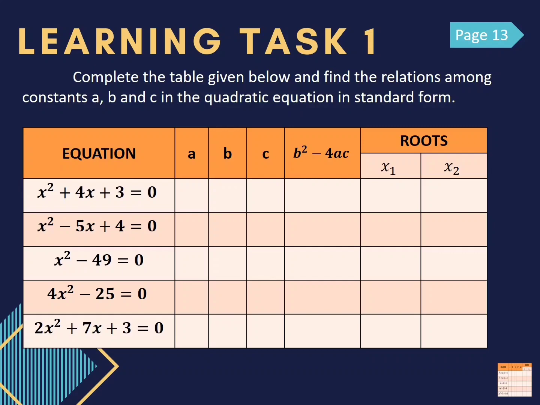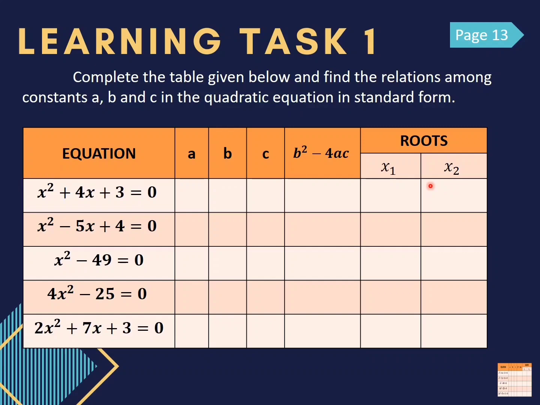There are 5 equations and you have to find the values of the real numbers a, b, and c, as well as the value of b squared minus 4ac. And then also look for the roots, x sub 1 and x sub 2. Here you are going to apply what you have learned in solving quadratic equations.